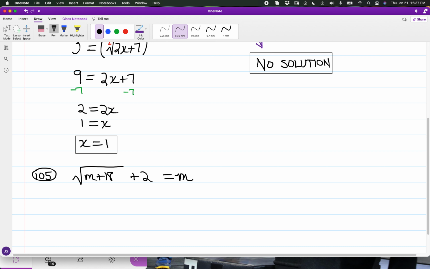Now we have a single radical term, and I can isolate the square root of m plus 18 by moving the 2 over. So we have the square root of m plus 18 is equal to m minus 2.